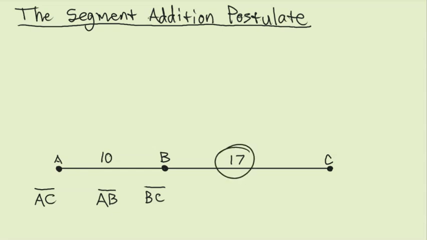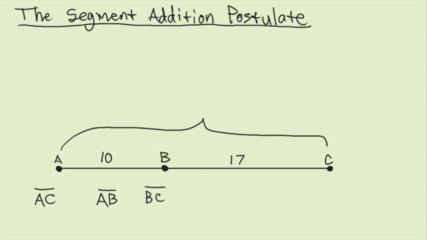Then we can add 17 and 10 together, and the length of the whole segment is 10 plus 17, which is 27. That's what the segment addition postulate says. And I know you're thinking, well, that makes sense. I mean, I don't know why somebody would think otherwise.